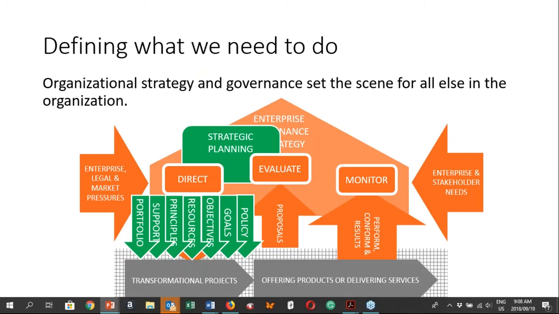So normally that direction is given in the form of policy, goals and objectives, defining principles, but also very importantly, defining who needs to do what within the organization, ensuring that we've got the right resources within the organization to be able to translate the strategy into something workable, products and services that our consumers need and want. The way that we express it in VeriSM is by defining an organizational portfolio, and I'm going to talk a little bit more about that later.